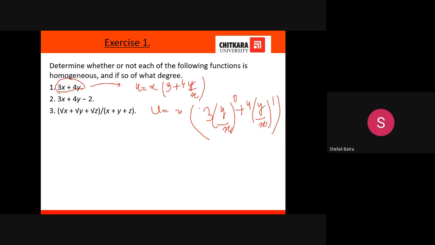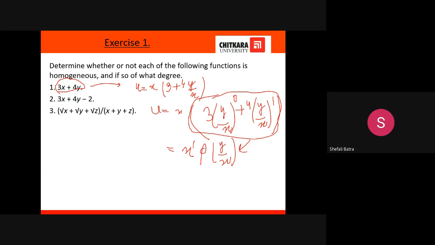So this complete part is your function of y by x. I can replace this with a function of y by x. And now u is in the form of x power 1 function of y by x. So u is a homogeneous function with the degree 1.